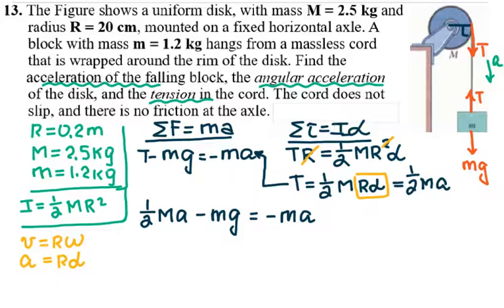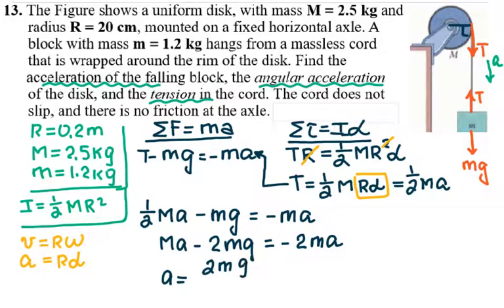And if I multiply them all by 2, I'll have ma minus 2mg equals negative 2ma. Solving all of this for a gives me the expression 2mg divided by m plus 2m. If I plug in my numbers, I will get a equal to 4.9 meters per second squared.